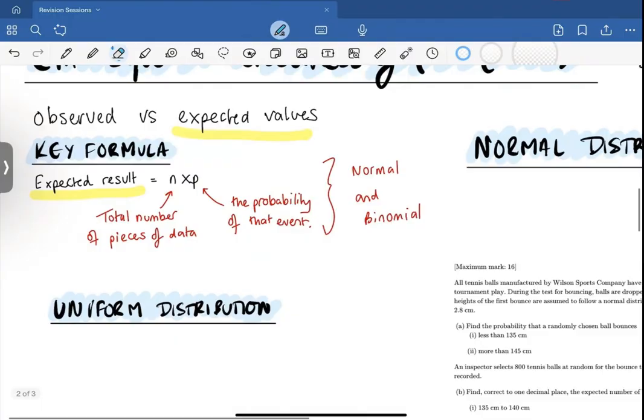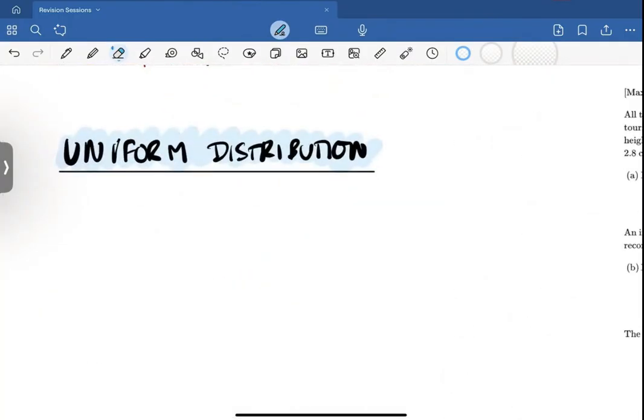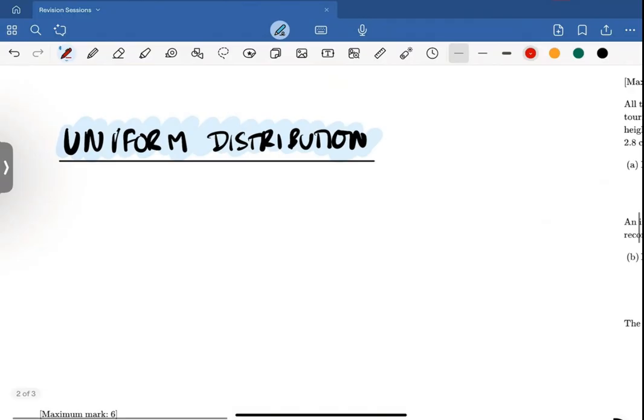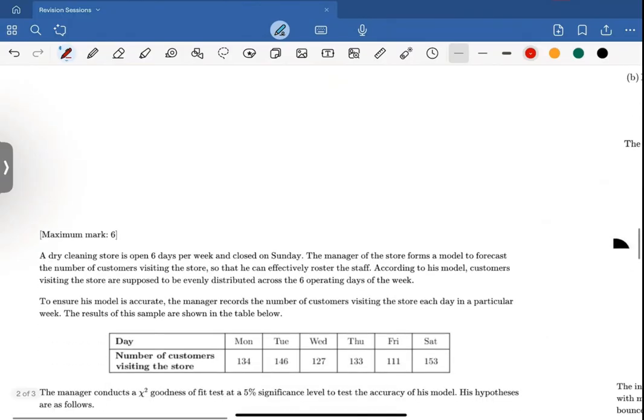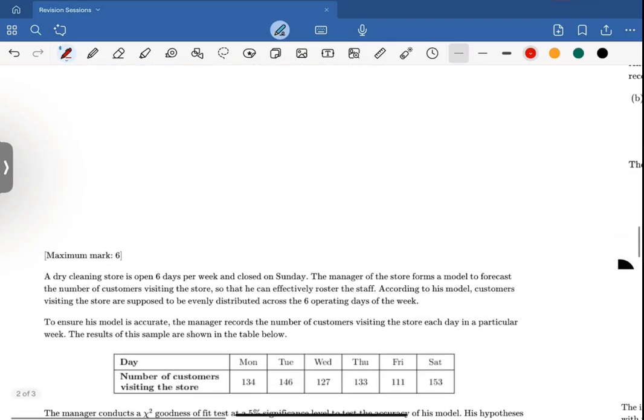All right, so let's do uniform first. Now, what is a uniform distribution? This is where all of the values are spread equally between the different categories. So, for example, this is about the number of customers visiting a dry cleaning store. If it were uniform, then all the values are equal for each day.